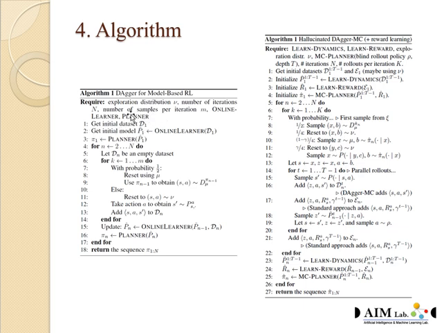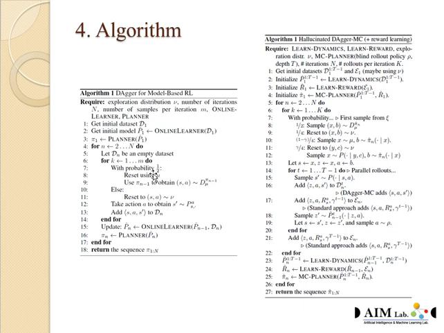We get the initial dataset D1, and from D1 we have an online learner, and the result is given as P hat.